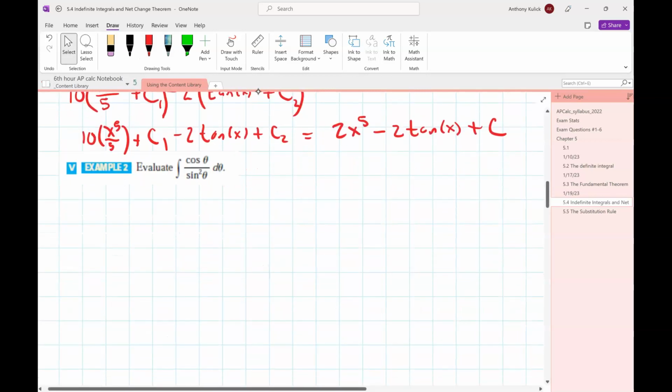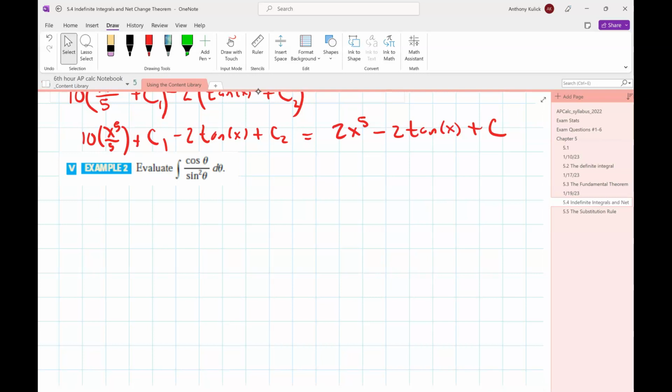All right. So for this next one, we have cosine theta over sine squared theta. Uh-oh. Do I have an antiderivative rule that's going to allow me to deal with a quotient? Nope. What am I going to do? Tegan's got the right idea.